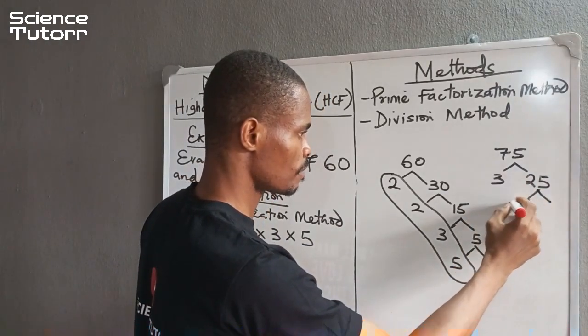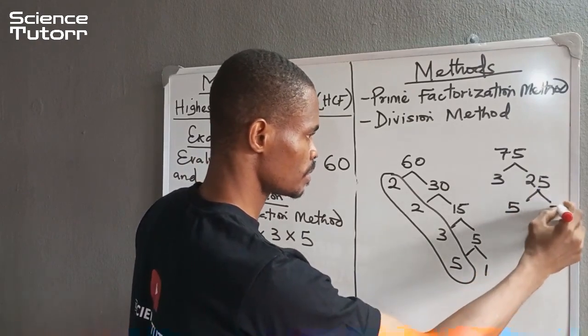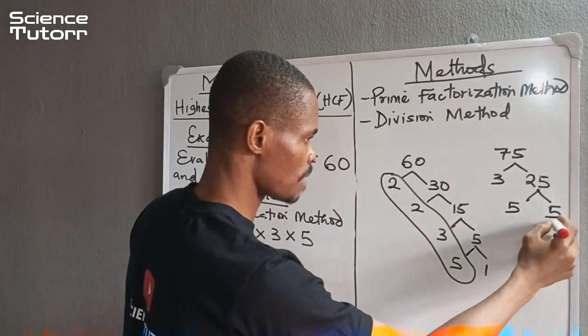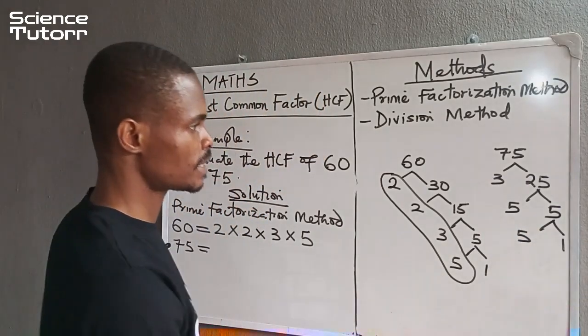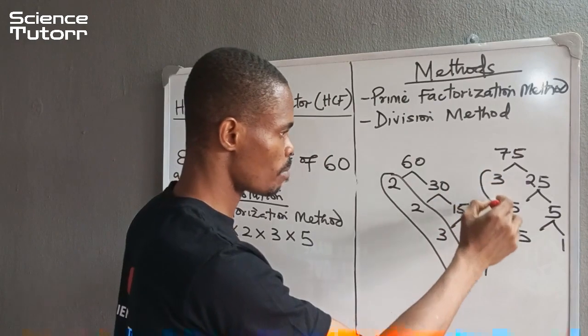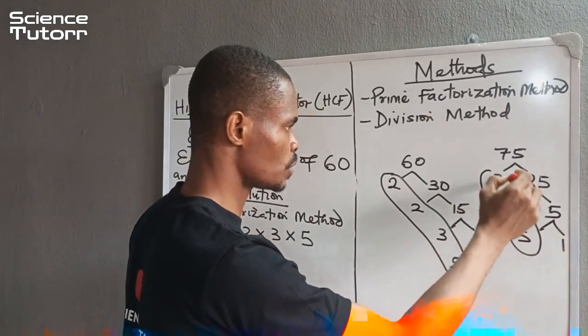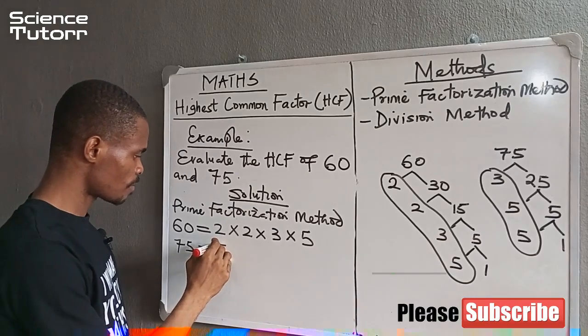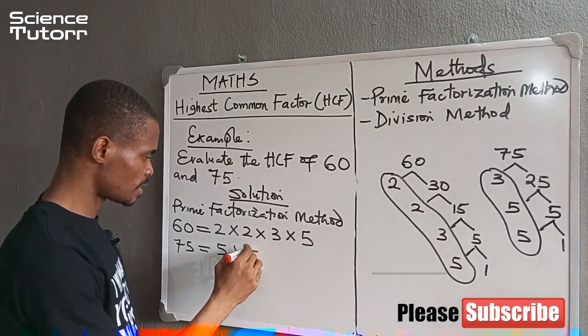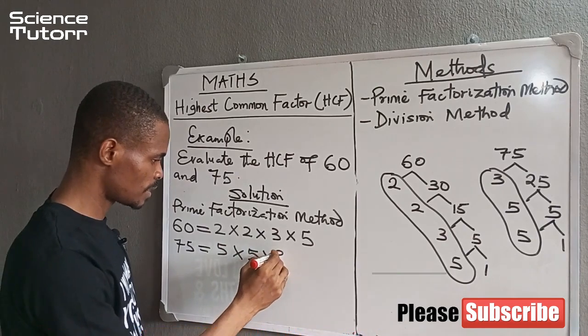We have 5 giving us 5. 5 again can go, 5 giving us 1. So it simply means in 75, we have the prime numbers 3, 5, and 5, which makes 75. So that means we have 5 times 5 times 3.